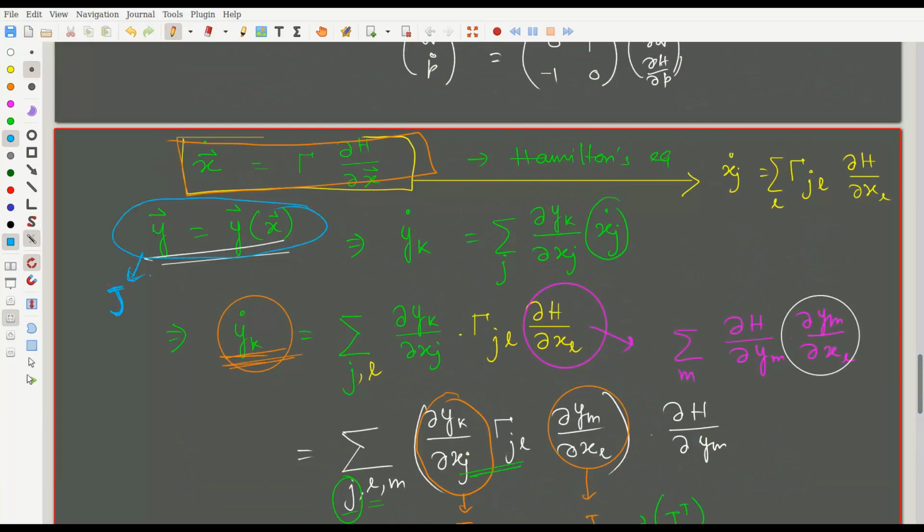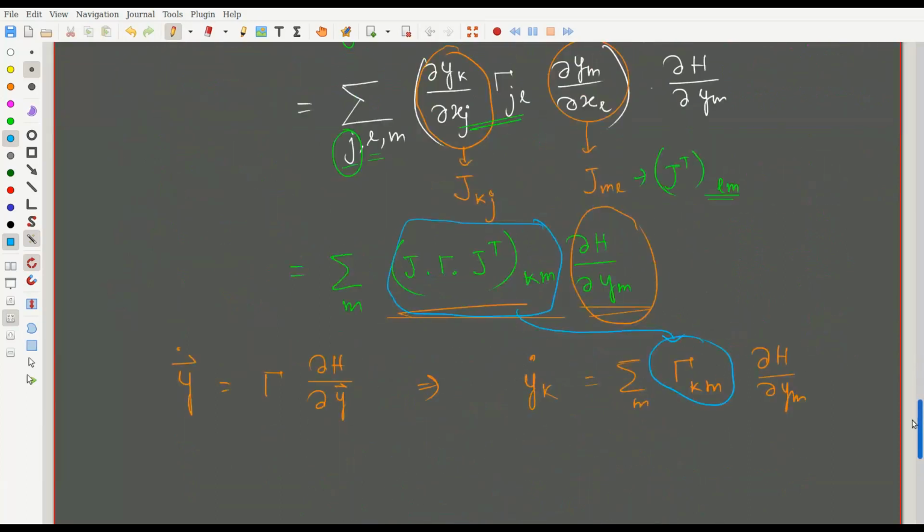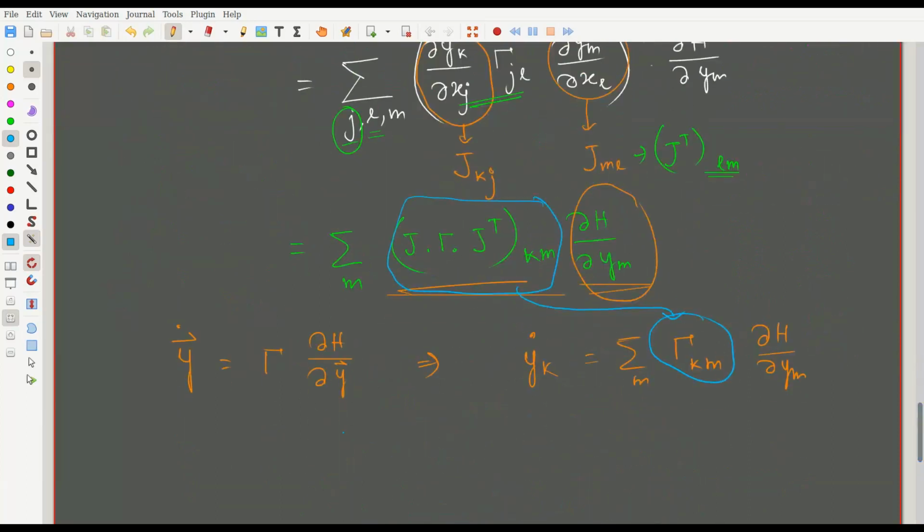If the transformation is such that the Jacobian satisfies this relation, J gamma J transpose equals gamma, then the transformation is said to be canonical. So this is the condition for canonical transformation.